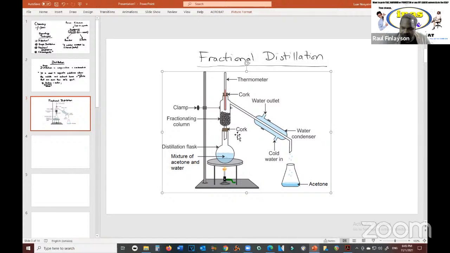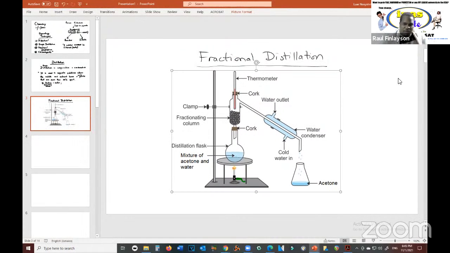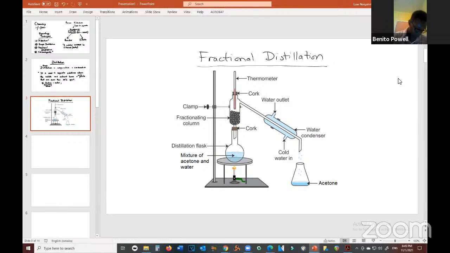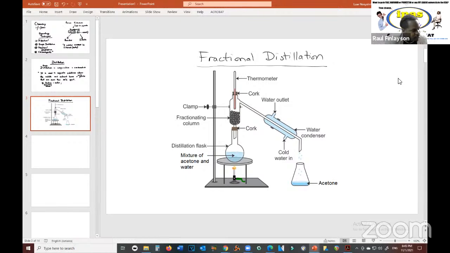Yeah, here you go. So let's look at this setup. For the fractional distillation, what is the main difference you see here? Fractionating column. All right. Everybody seeing that? This part is the difference. The fractionating column. So that's what makes it fractional distillation.